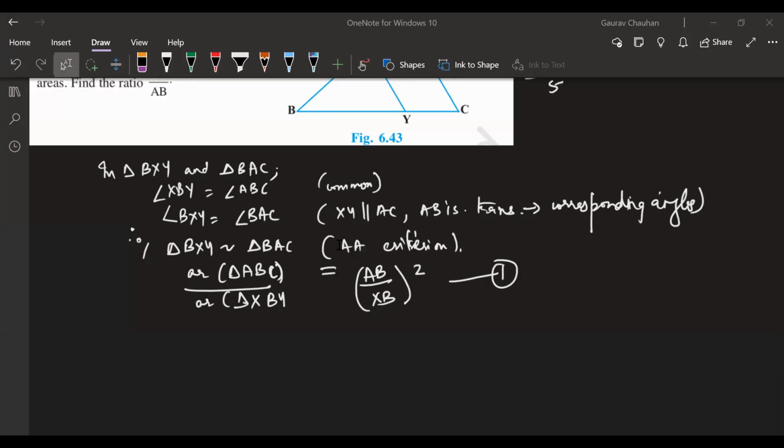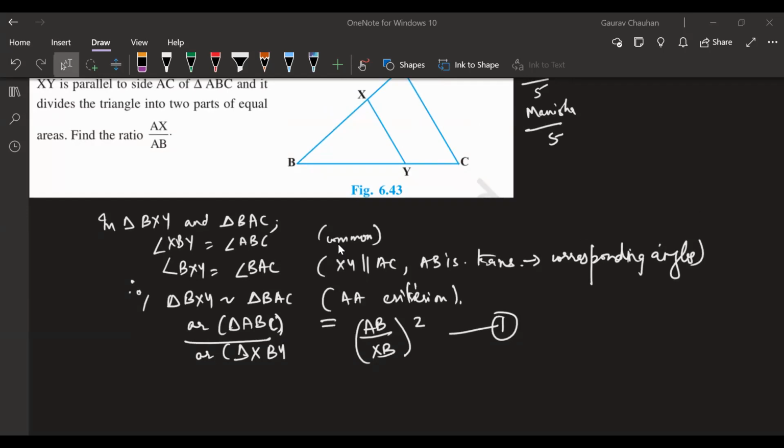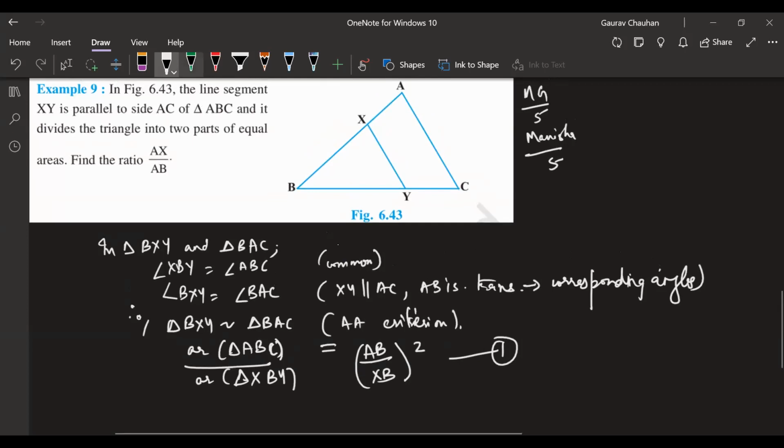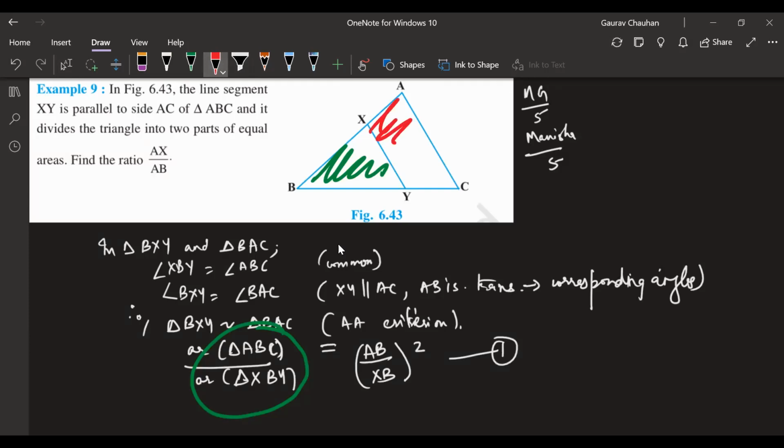Okay. So here we have AB by XB, the whole square. Now, what I want to bring to your attention, okay, guys? Can anyone think, can I get this ratio to a number now? Is there any way of getting this ratio to a number? I want to bring your attention to what is given. It is saying that this green part and this red part are the same area.